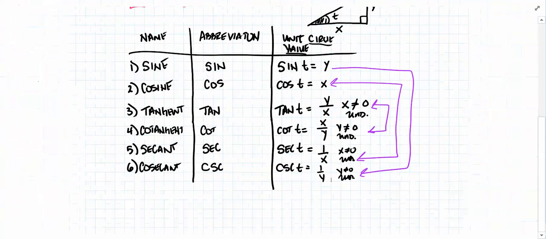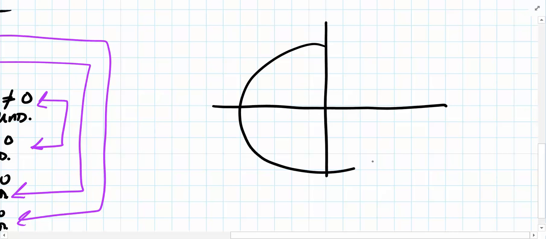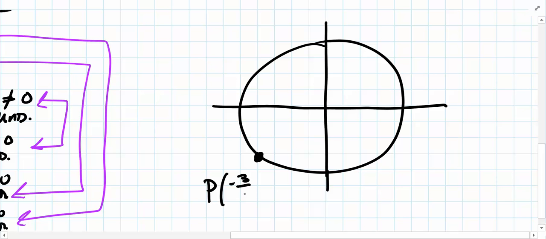Okay, so how does this all fit together? Let's say we have a unit circle drawn here. And let's say there is a point on the unit circle, P, over here in quadrant 3. That point is defined as (-3/5, -4/5). And we have swept out an angle of T, right?